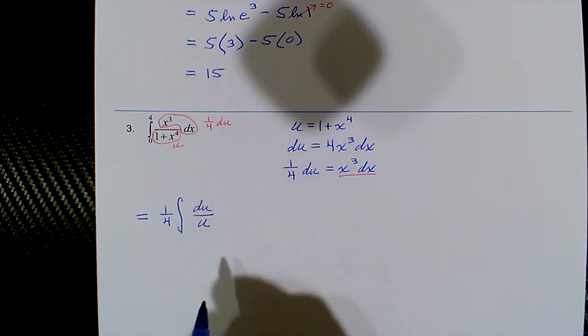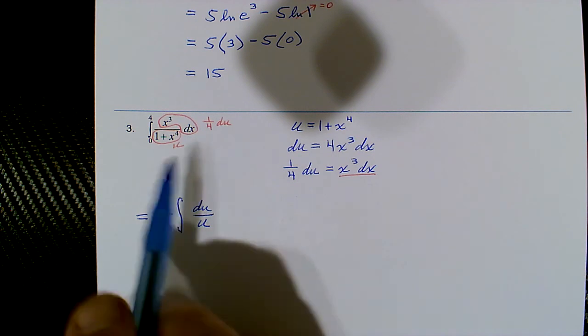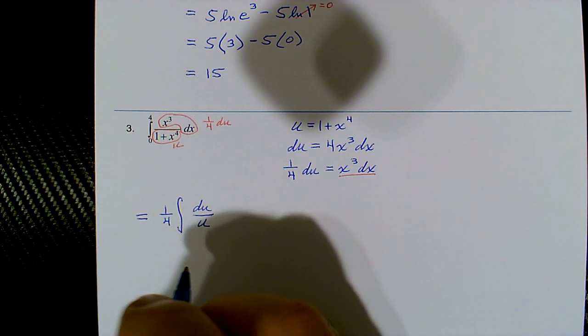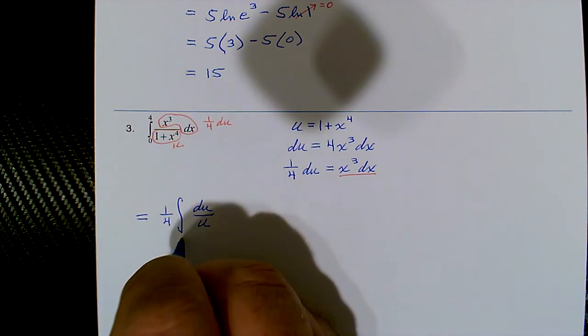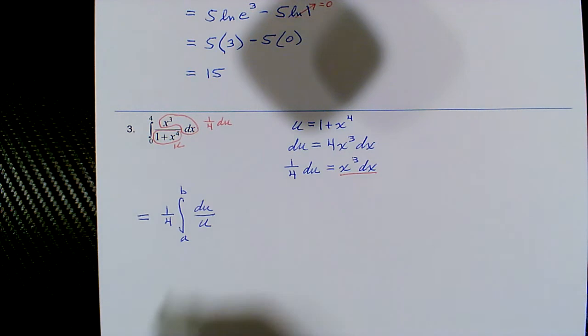And then you would have to evaluate the integral in terms of u. But I'm not going to carry along 0 and 4 because I know that's wrong. So I'm going to use this method where I'm going to use dummy letters. I'm going to use a and b to hold the place values.